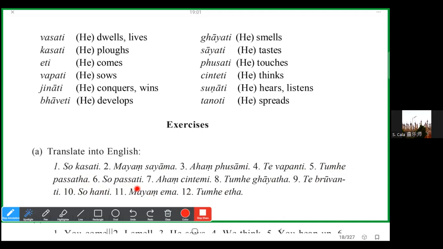Another person, those who have not answered before. How about Tony? Okay, saya lagi. So pasati applies to third person singular.